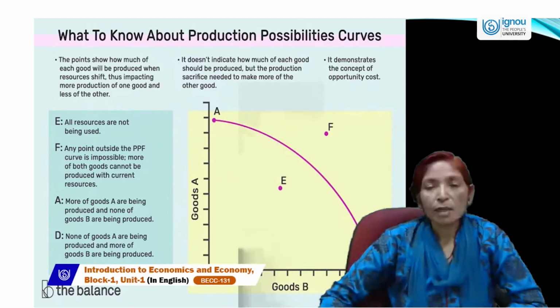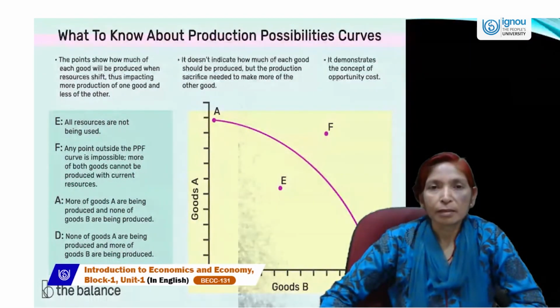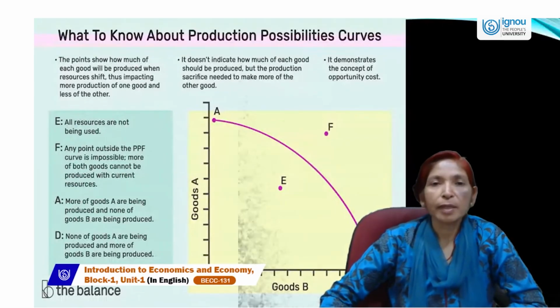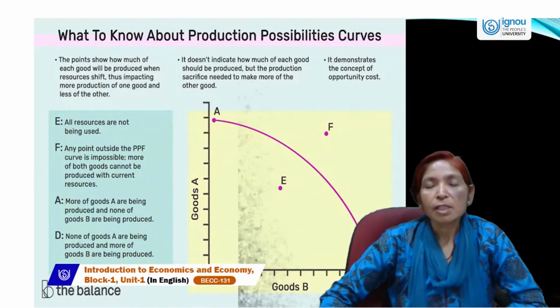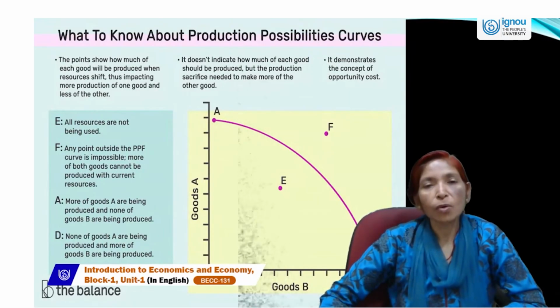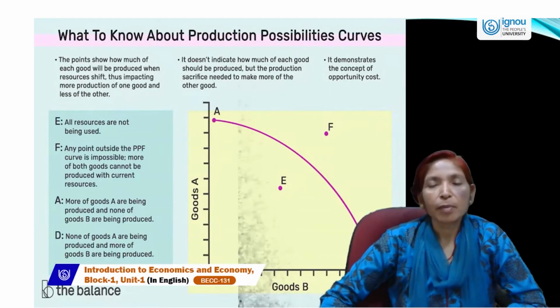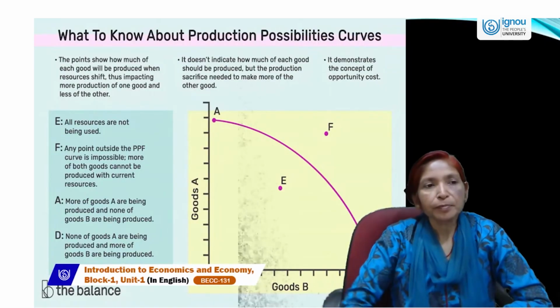This curve is also known as production possibility frontier. Another name is production possibility boundary, and another name is transformation curve. So the production possibility curve is known by different names: production possibility curve, boundary, frontier, and transformation curve.